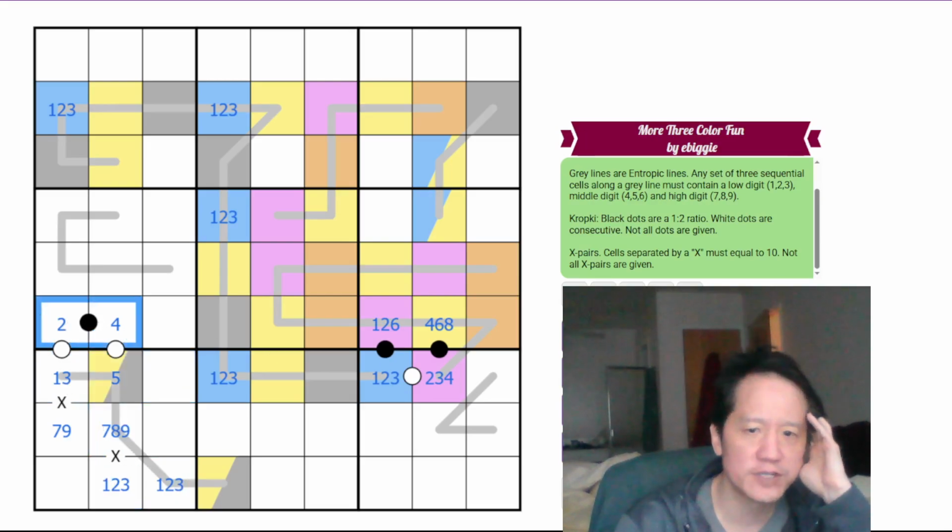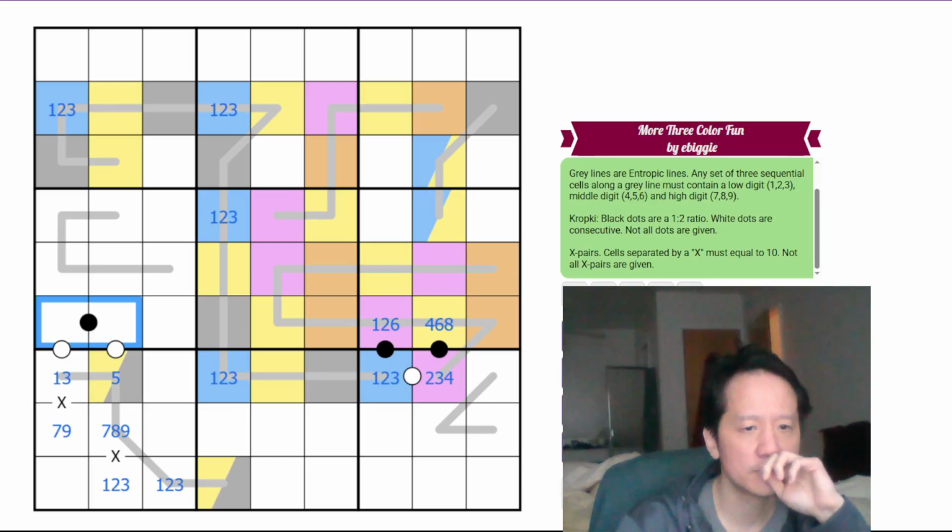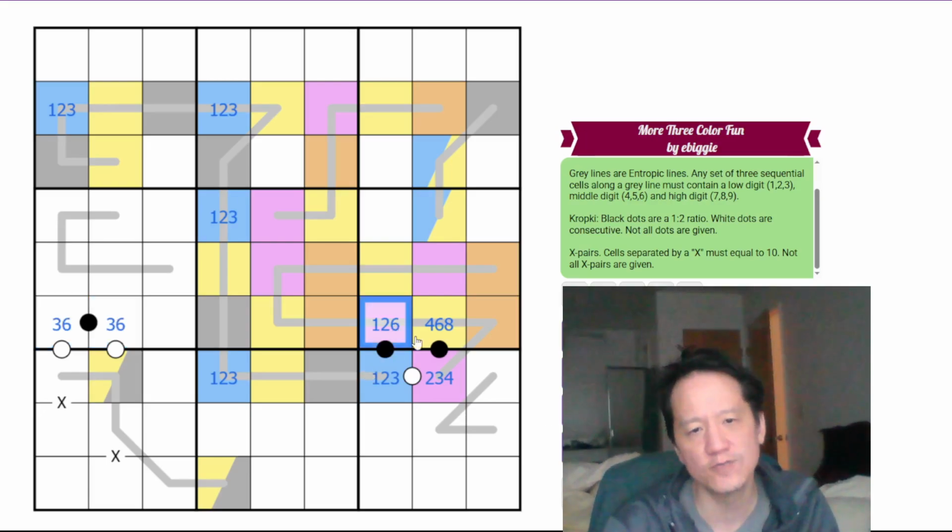If this is 3 and 6, you have to have 4 and 7 together. So what does that imply? If this is 3 and 6, this forces this to be 1 or 2, which makes this 2 or 3.